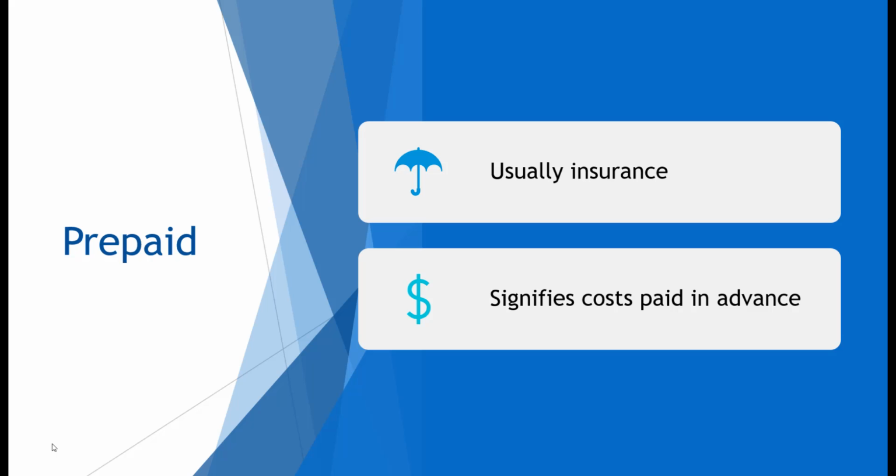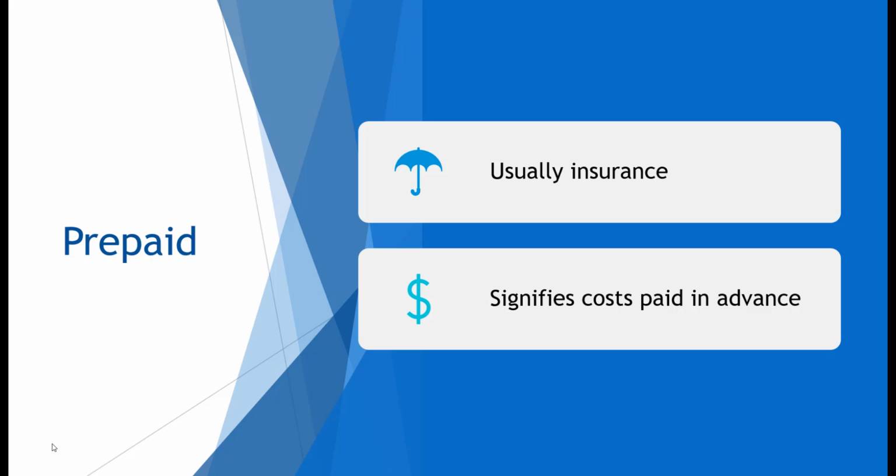So if I paid for January, February, and March at the end of December, at $1,000 a month, I paid $3,000. In January, I'll take $1,000 out of prepaid and move it to rent expense. In February, I'll take $1,000 out of prepaid and move it to rent expense. And then in March, $1,000 out to rent expense. So it's a way of allocating the cost to the proper period.